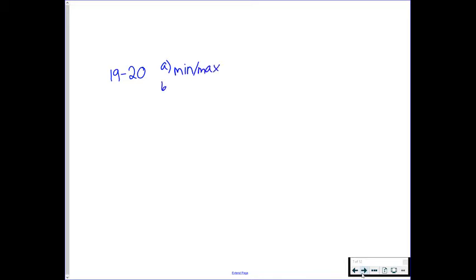We're also going to write the intervals that the function is increasing, decreasing, or constant. And next, we're going to state if the function is even or odd. This part you do get a calculator on.